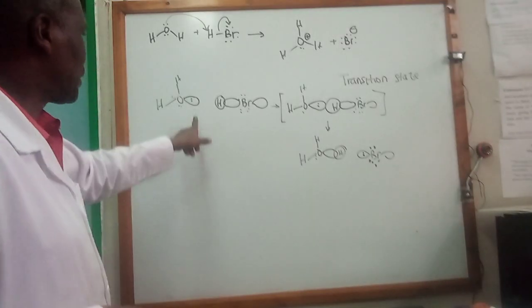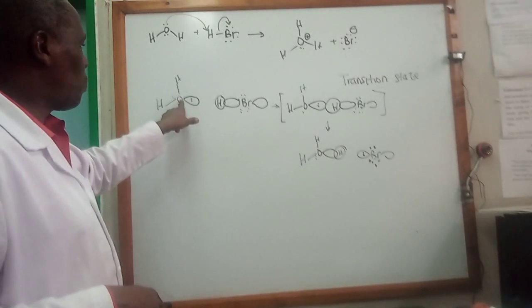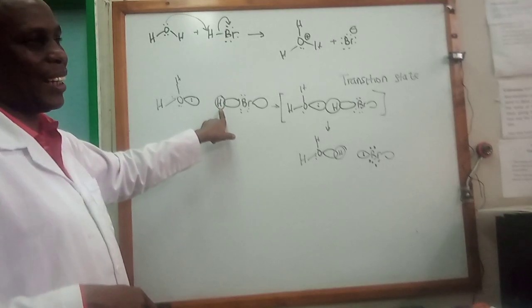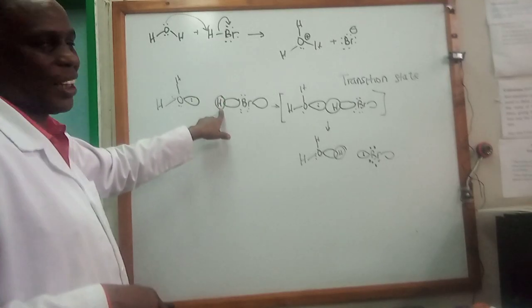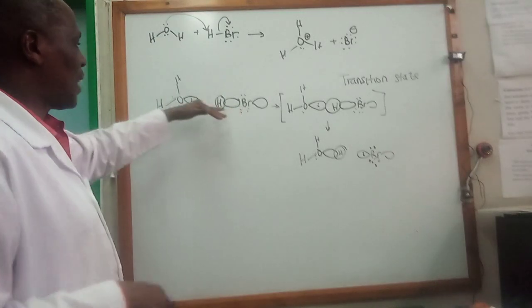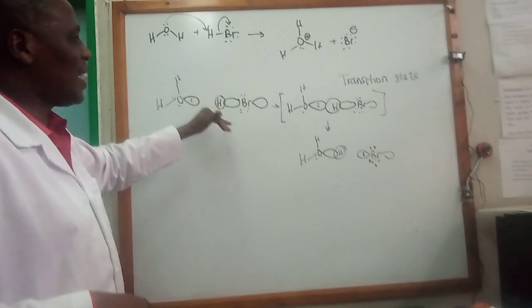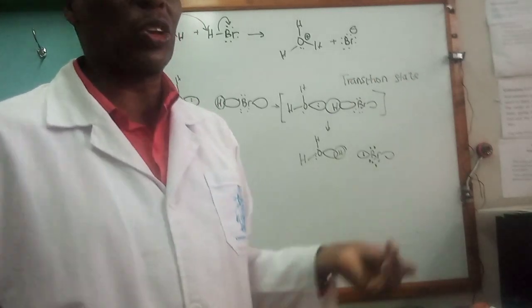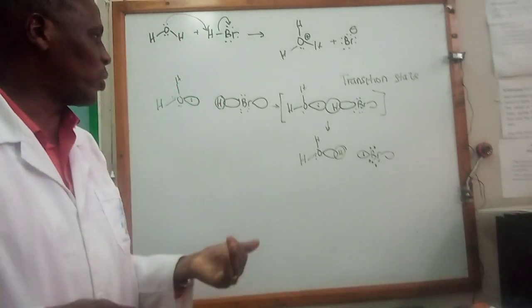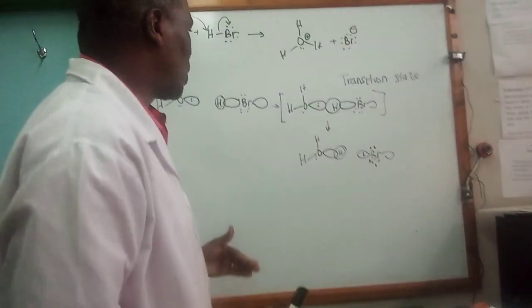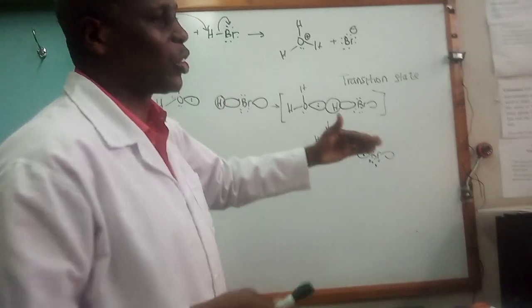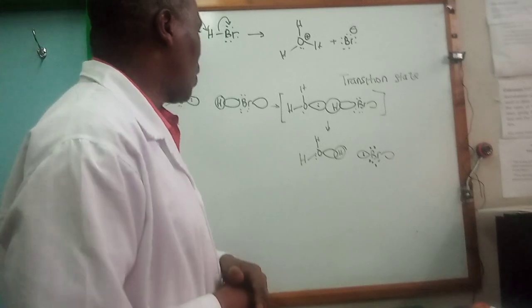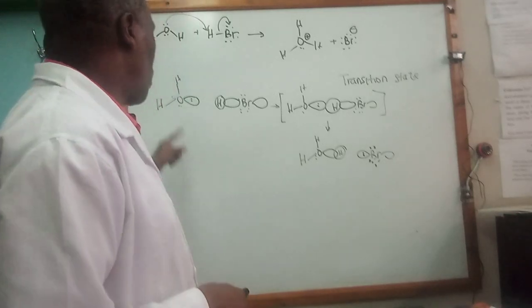So let us see here. This orbital for the oxygen is going to be approaching the sphere for the hydrogen along this axis. And when you're dealing with SN1 and SN2, you're shown a transition state. In the transition state, you've got the partial bonds which are forming and those which are breaking.